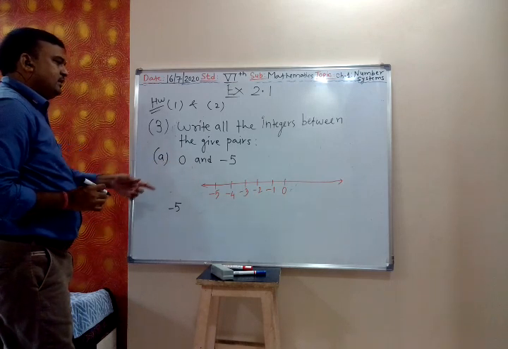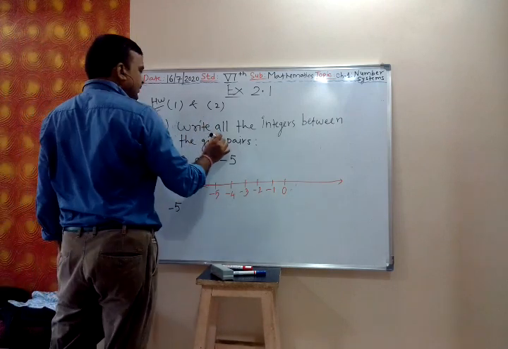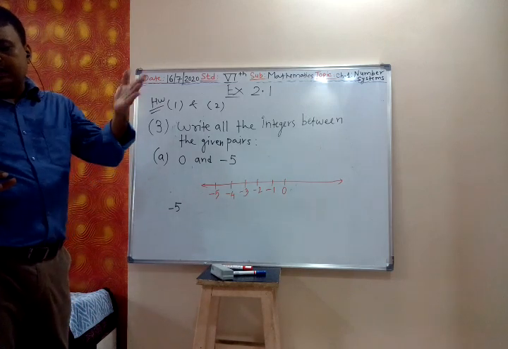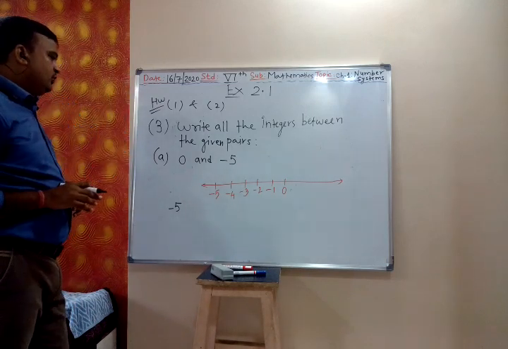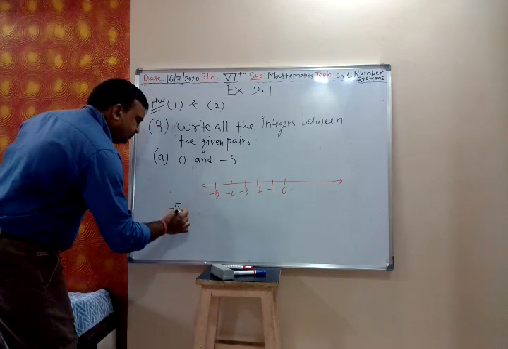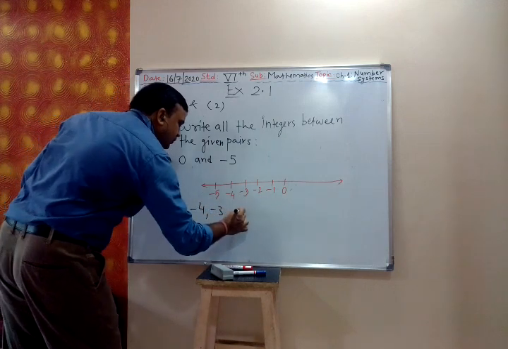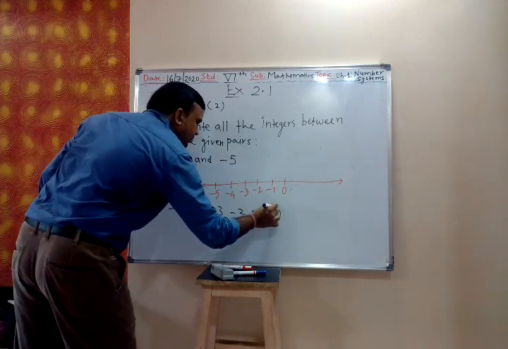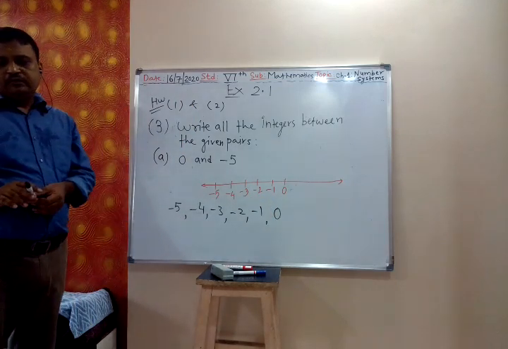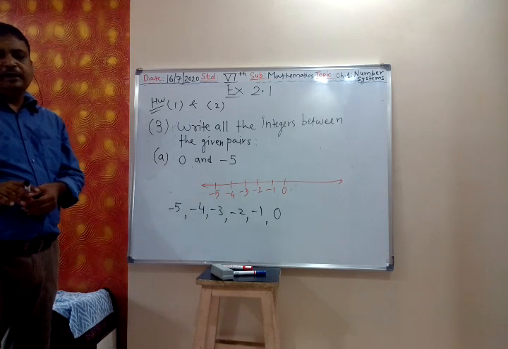Today in the WhatsApp I will send the textbook copy. So minus 5, minus 4, minus 3, minus 2, minus 1 and 0. This is the answer. All the integers between the given pairs, 0 and minus 5.